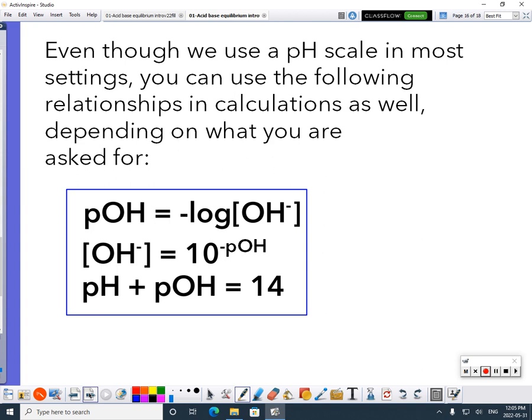If you need the hydroxide ion concentration, it's 10 to the power of negative pOH. But usually the final answer, you'll want to interpret it like you're used to. So this will become important when you have a basic solution. You'll have an extra step where you have to change pOH into pH. But these would also all be given to you as well.